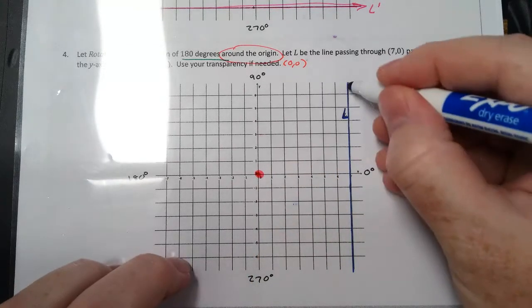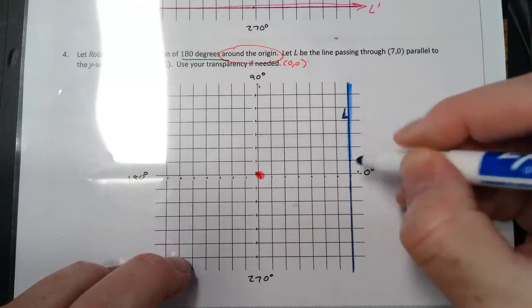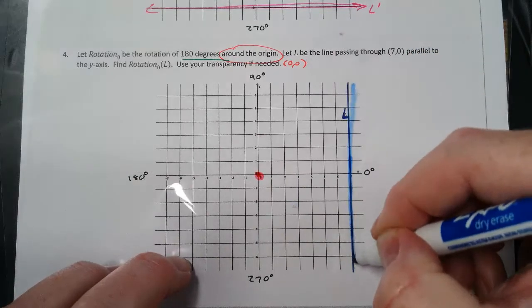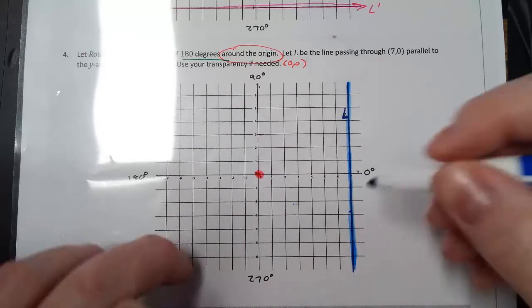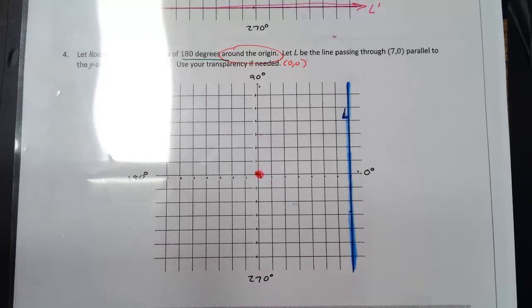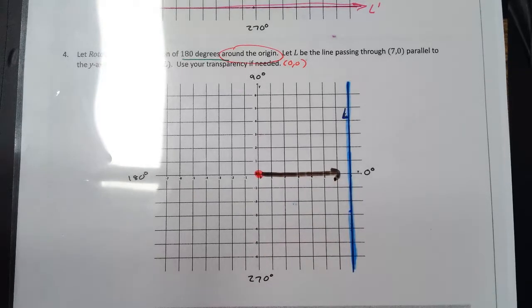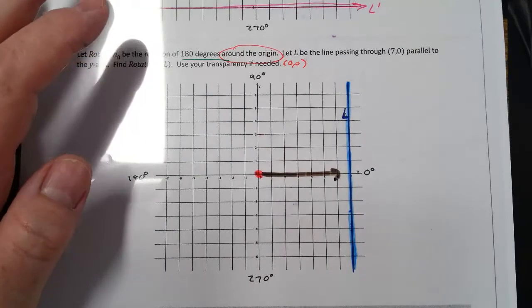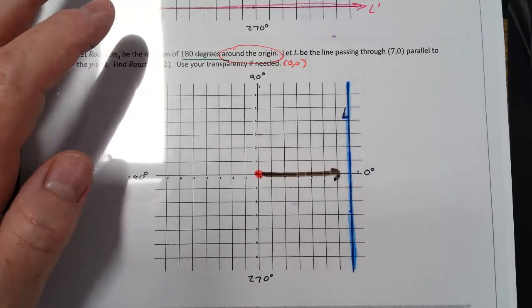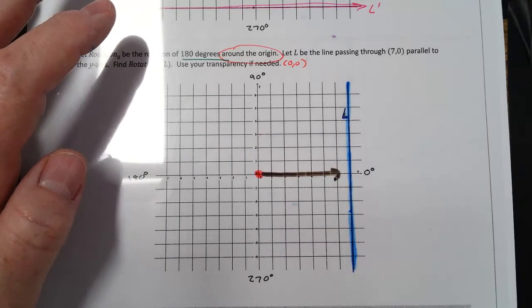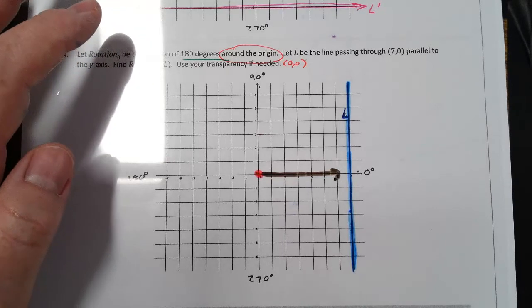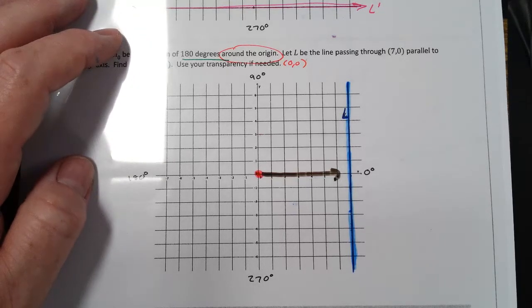Here is the line that is being rotated. And here is my arrow pointing at 0 degrees to help me measure my rotation. Now hopefully you're doing all of this with me. If I'm going too fast, you can pause the video and do it yourself. But it is very important you know how to use these skills.